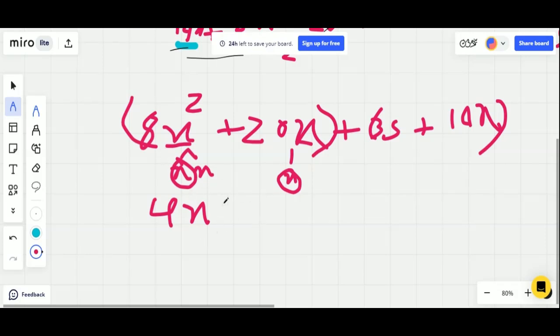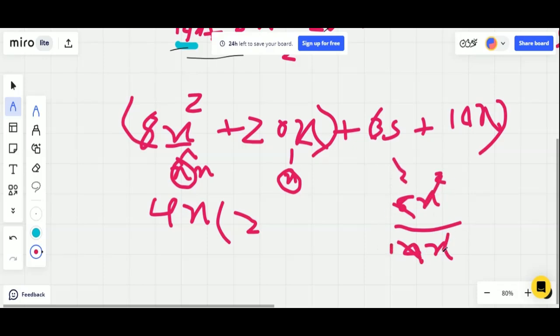So 4x is our factor, and we're going to do 8x squared by 4x. 8 and 4 is 2 and 1. x squared by x is x.